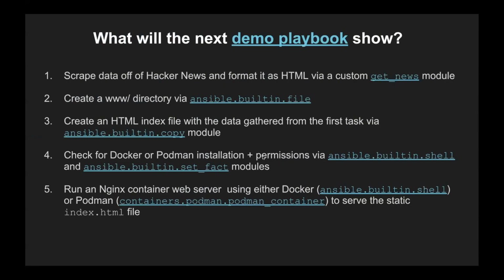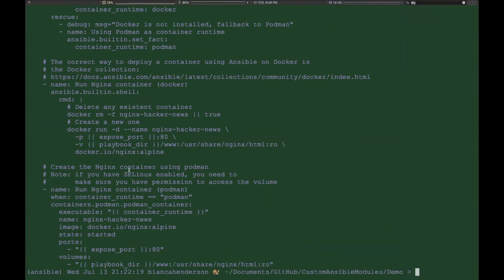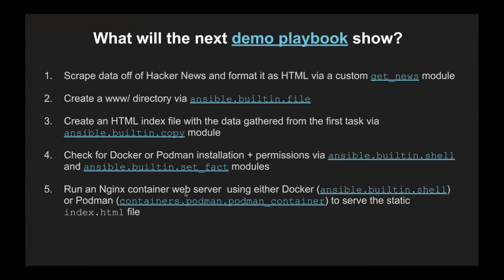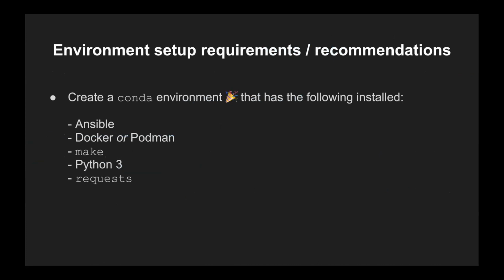And then it's going to check for permissions with set_fact. And then the last task is it's going to run an Nginx container. So that's right here. It's a web server using Docker or Podman to serve the static index.html file. And we checked before if you have Docker or Podman. So depending on what it is, it'll go into an if-then sort of thing and use either one that you have. All right, so that's what this demo will do.